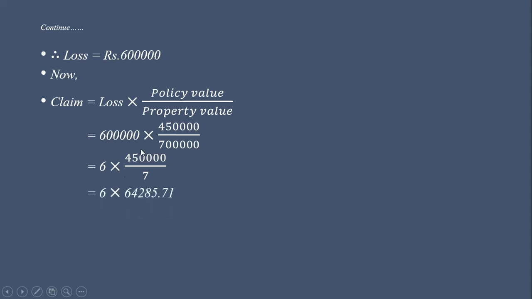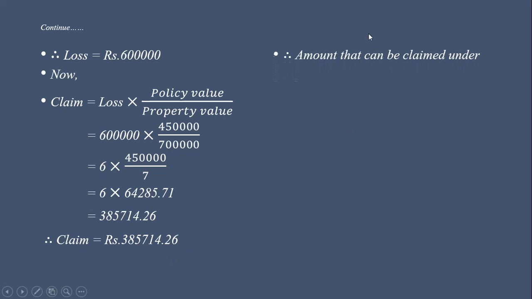So 6 into this division gives 64,285.71. So this product gives 3,85,714.26. So we get claim is equal to rupees 3,85,714.26. Therefore the amount that can be claimed under the policy is rupees 3,85,714.26.